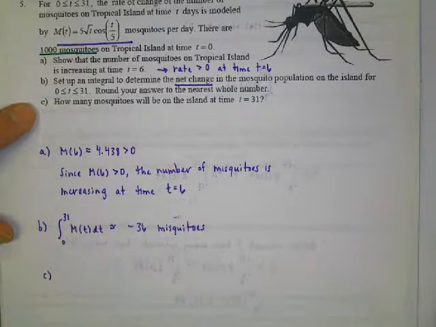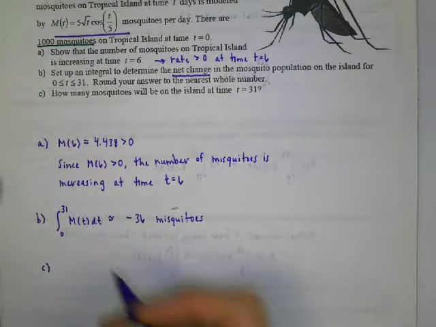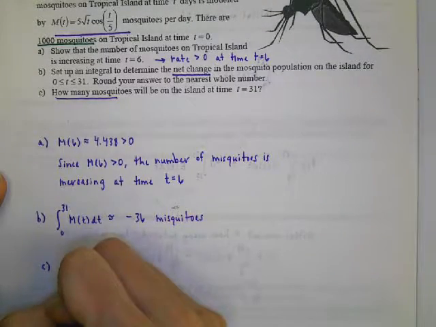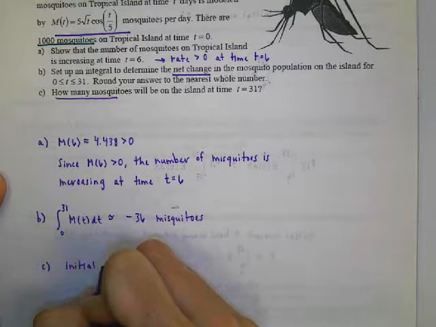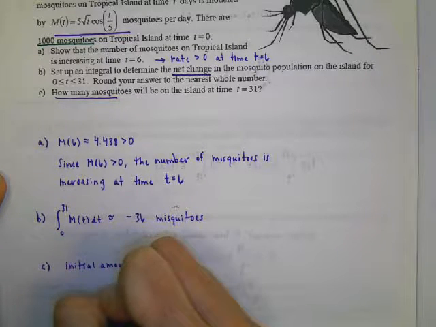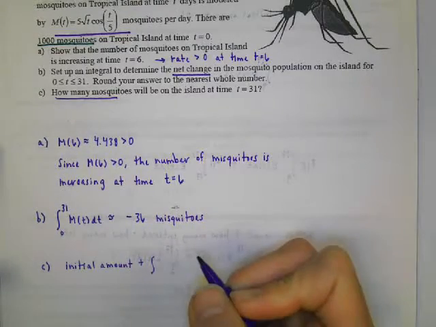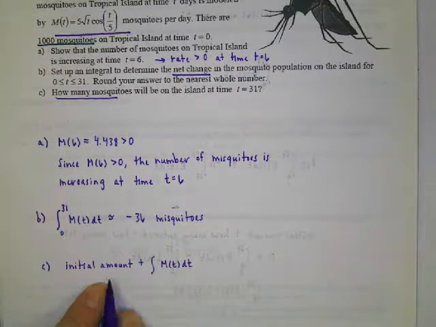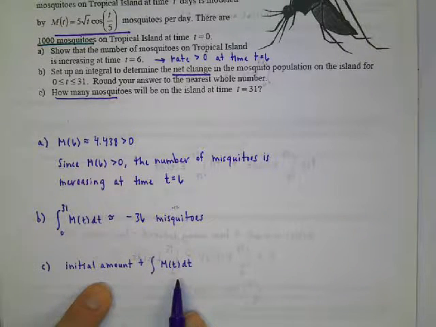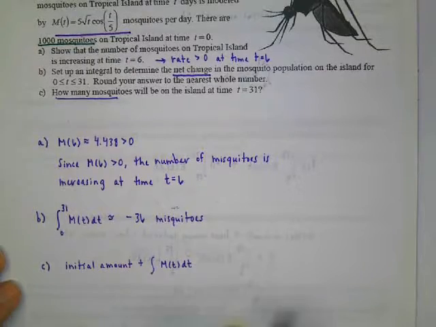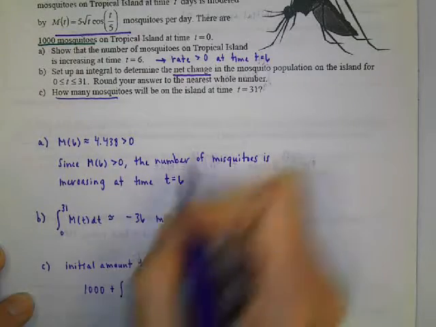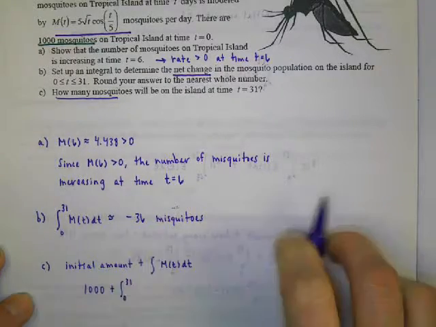Okay, and then the last piece here, how many mosquitoes will be on the island at time t equals 31? Again, to get this, we need to consider our initial amount plus the integral of our rate function. So that's going to give us the initial amount plus the net change. So my initial amount at time 0, we said was 1,000, plus we're going to integrate from 0 to 31.